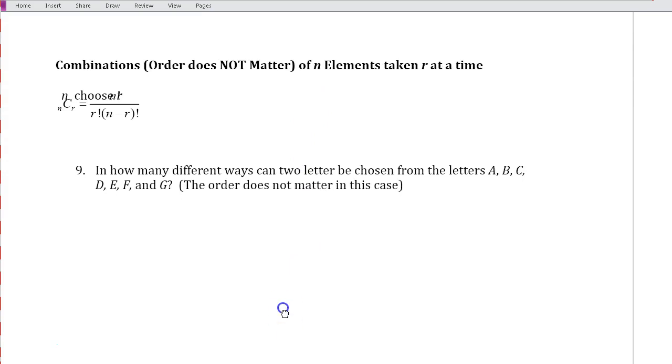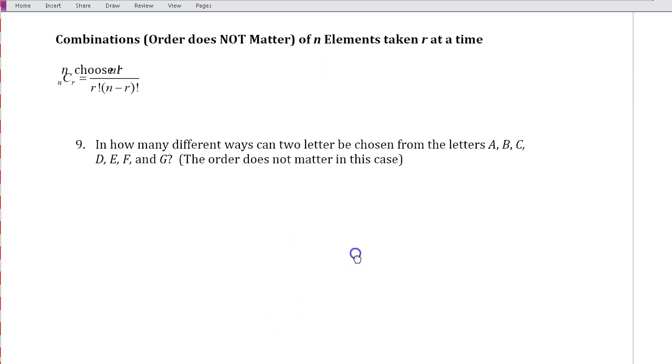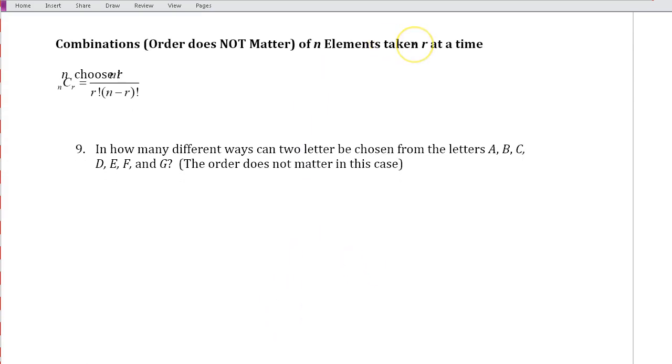So here's our combinations, where order does not matter, of n elements taken r at a time. Hopefully it looks okay on your handout.